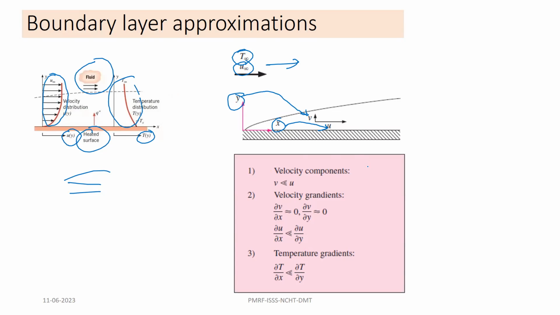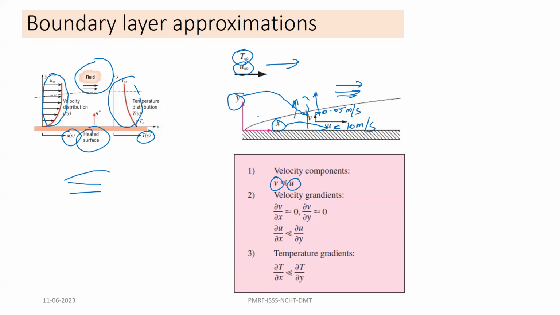We will make some assumptions in this analysis because it will make our calculations and further simplifications very easy. One reasonable assumption you can always make is that when a boundary layer is formed and the flow is happening in this direction, we can assume the V component to be very much less than U. Suppose U is 10 meters per second, V will be in the range of 0.05 meters per second, because there is not much flow happening in this direction.